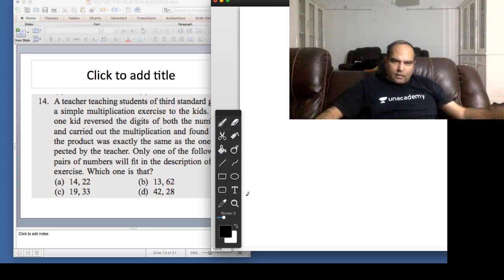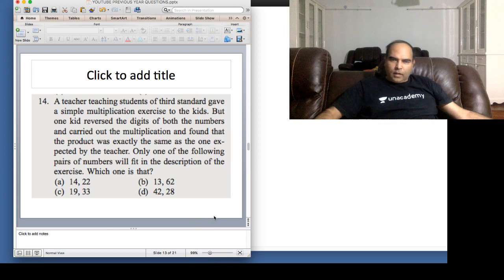It's very clear that 14 into 22 can never be equal to 41 into 22, because with 22 as the multiplier, the values of 41 and 14 are different and will obviously give different products. The product 1 and the product 2 can never be equal in this scenario. So this option is gone.